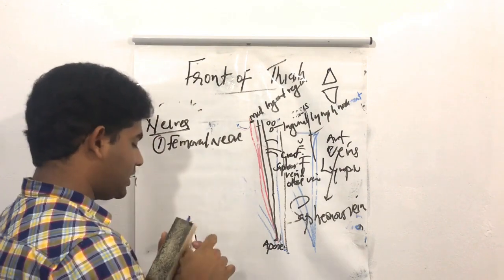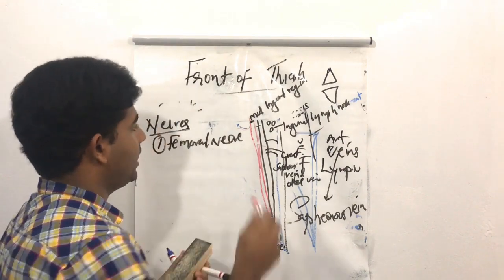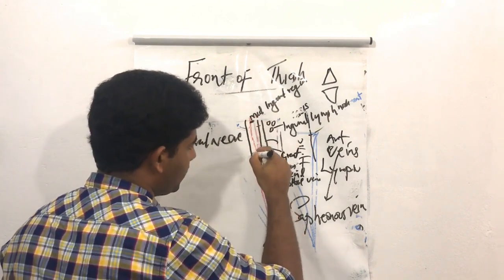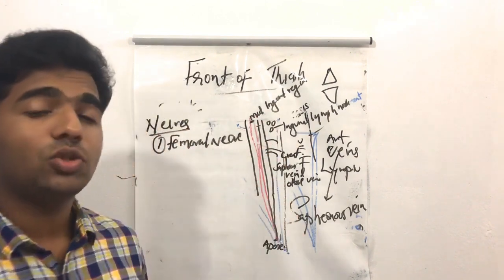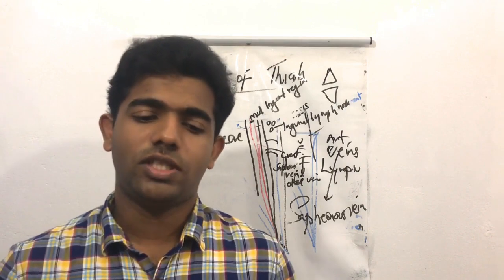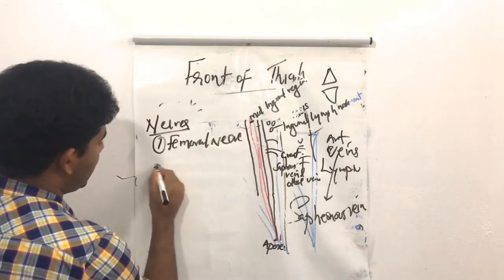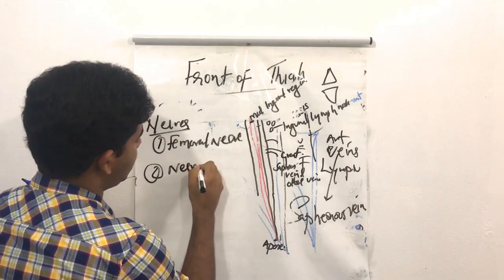The femoral nerve is the first nerve. It is lateral to the femoral artery. Here you have the femoral nerve. The next one is the nerve to pectineus muscle.